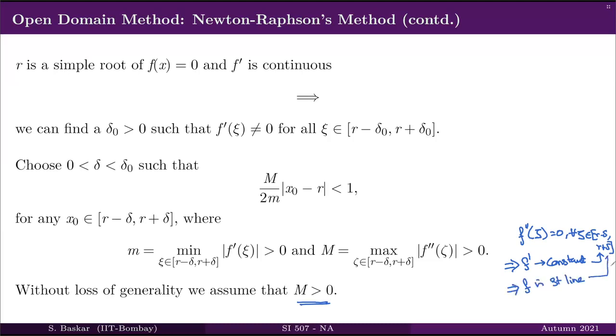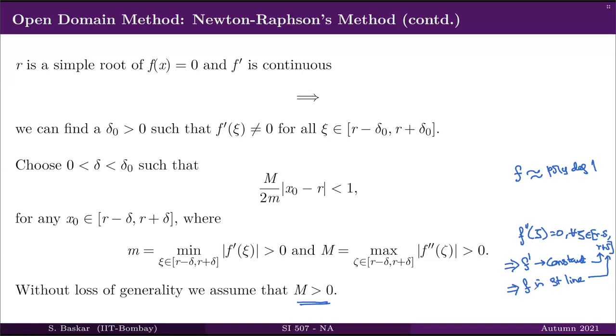That is, it is a polynomial of degree 1 in this interval. And remember, for any given f, we are approximating f by a polynomial of degree 1 and then solving it to get our x_n in the Newton-Raphson method. It happens to be the tangent line, if you recall. That is the geometrical interpretation of the Newton-Raphson method.